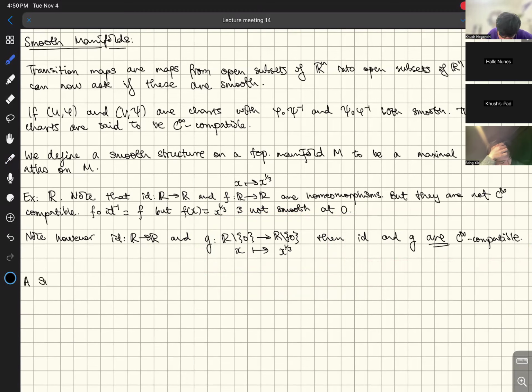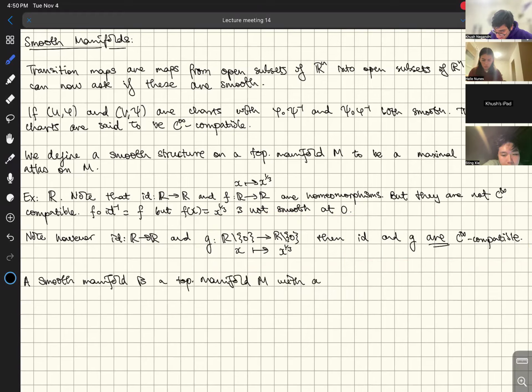A smooth manifold is a topological manifold M with a smooth structure. Okay.